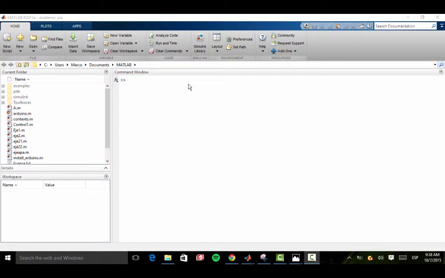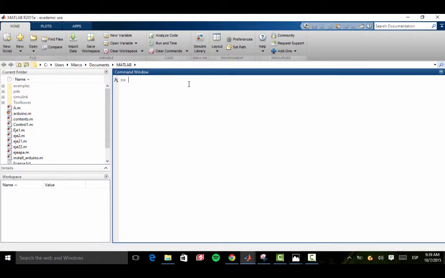For the MATLAB simulation, we're going to consider k equals 1 as unity steady state gain. So we declare omega n, it's going to be w equals the root of 17.